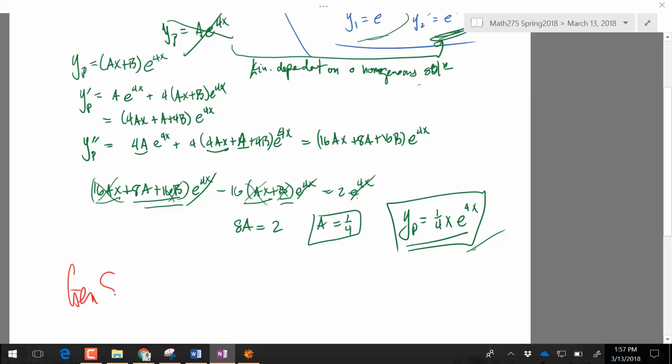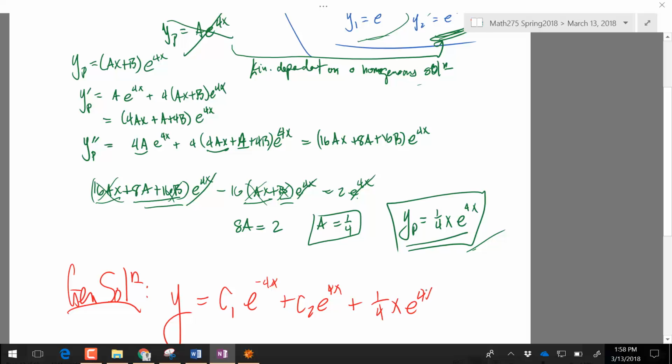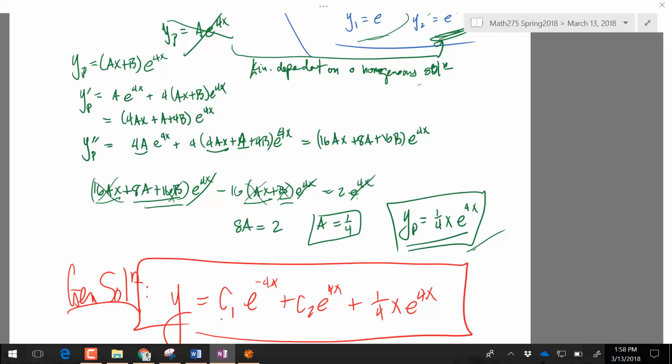General solution: y is equal to c1 e to the minus 4x plus c2 e to the positive 4x plus 1/4 x e to the positive 4x, all linearly independent, superpositioned, tacked on, added together, answer.